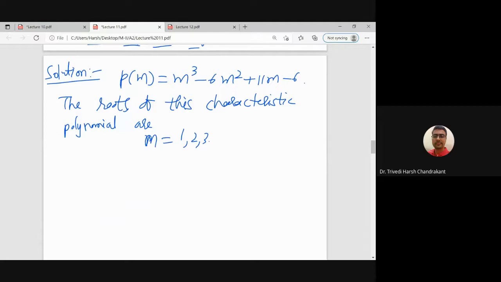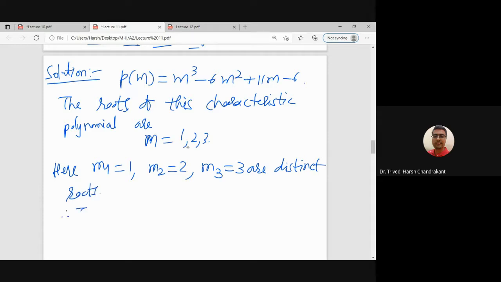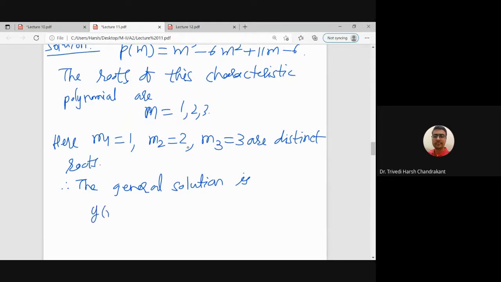Right. So here basically we have 3 different roots. First root m1 is 1. Second root m2 is 2. Third root m3 is 3, and all roots are distinct. So therefore the general solution, we know whenever we have distinct roots, we shall write down the solution in powers of e power mx.